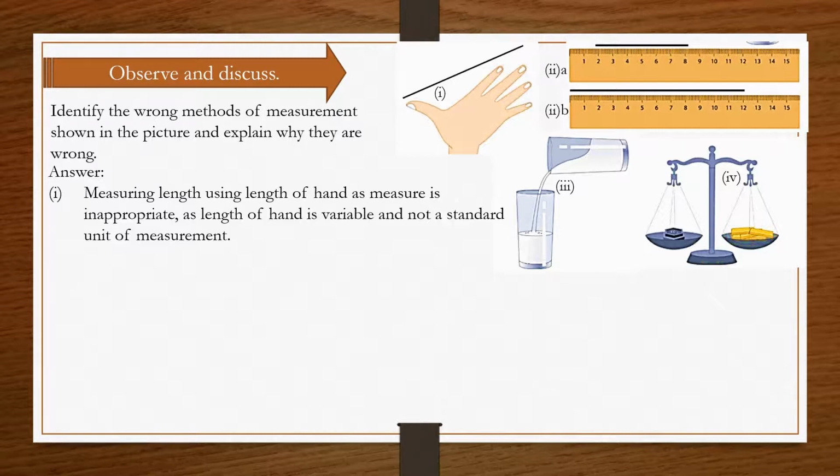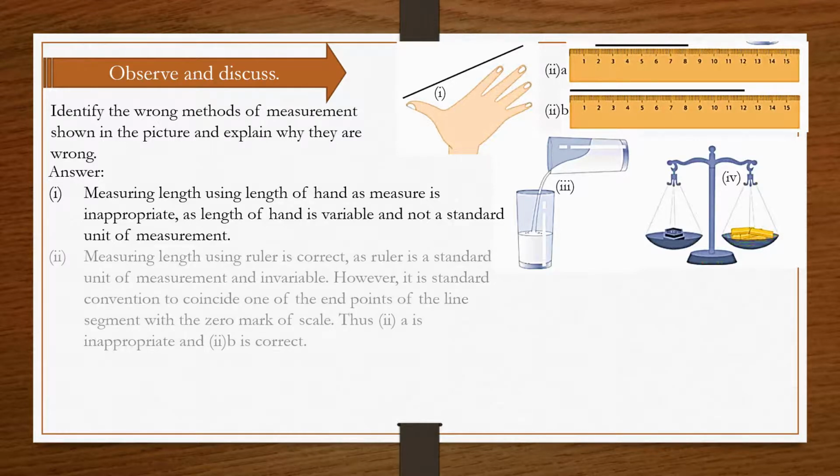In picture 2, measuring length using a ruler is correct, as a ruler is a standard unit of measurement and invariable. However, it is standard convention to coincide one of the end points of the line segment with the 0 mark of the scale. Thus, picture 2A is inappropriate and picture 2B is correct.